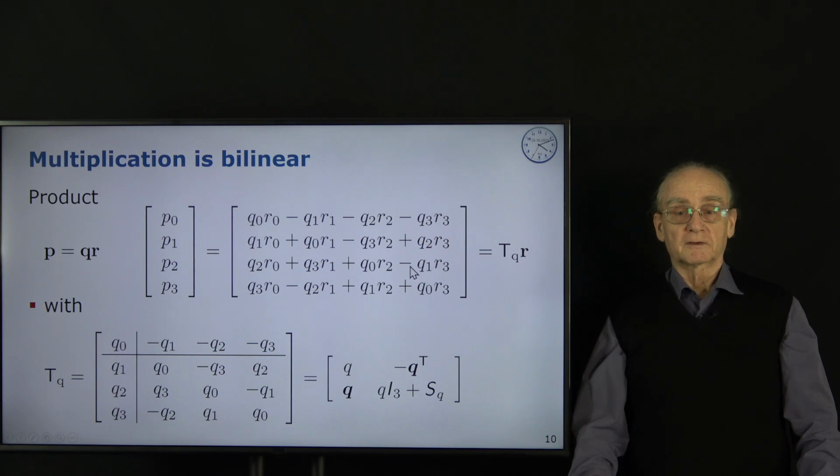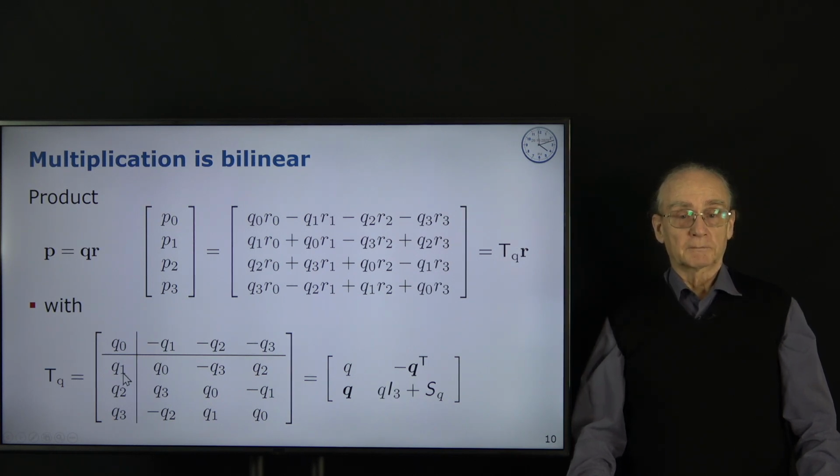So you can write this down as a matrix vector product. This matrix has exactly the structure of this vector, these coefficients of r in here. And you see it has q0 here on the diagonal terms.